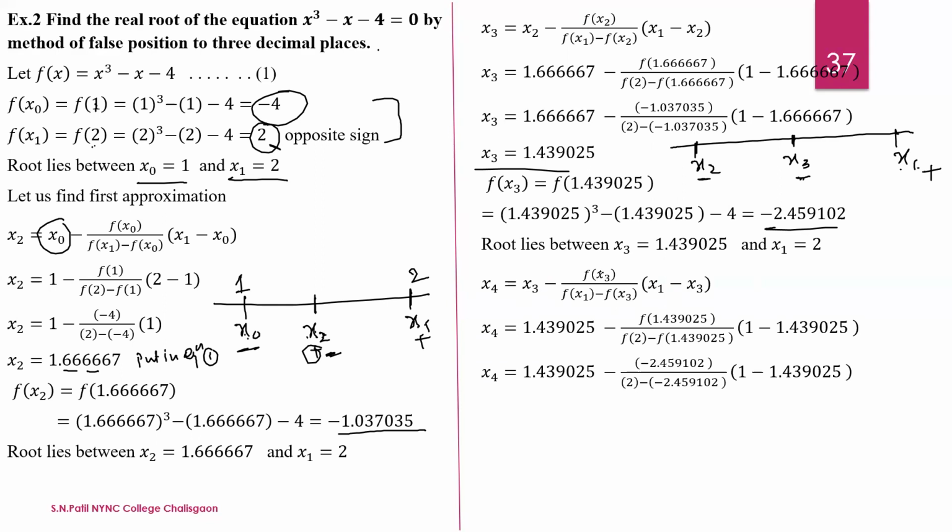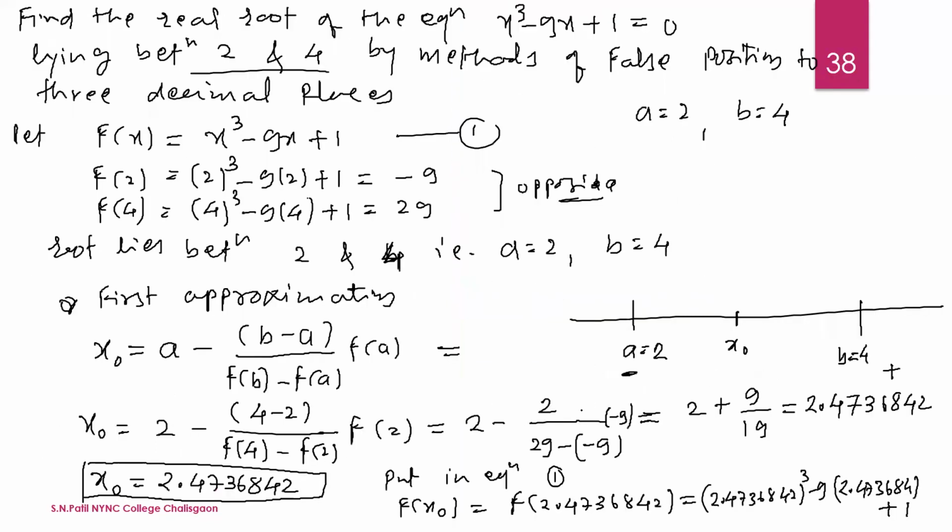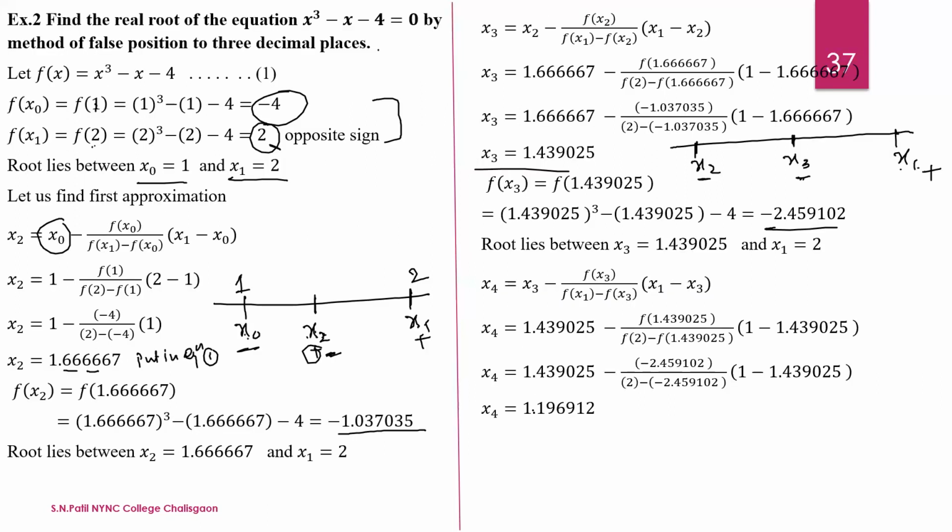So here minus plus 4.459102. Here we get the negative value. Simplify. Then we get x4 as 1.196912. Now here we stop performing the iteration.